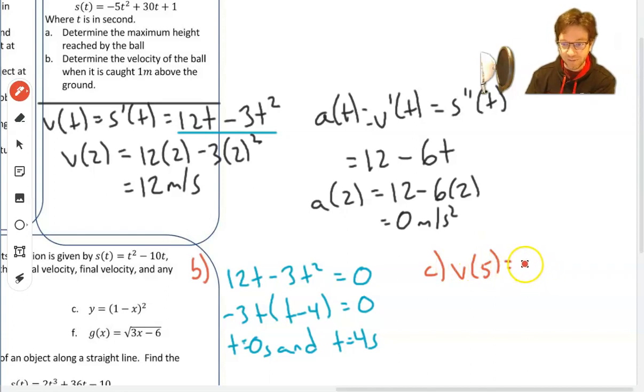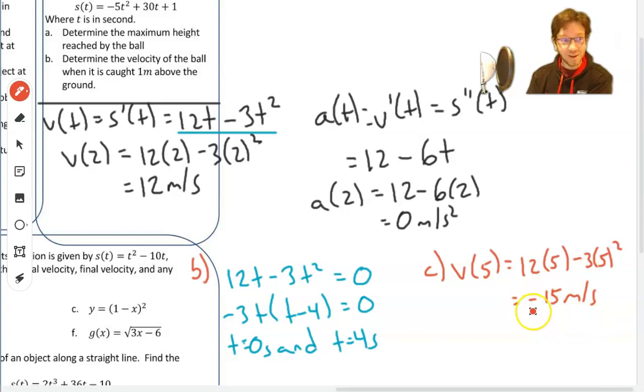So we're going to substitute 5 into our velocity function. So 12 times 5 minus 3 times 5 squared. And that gives us minus 15 meters per second. So if you remember vectors, the negative tells you a direction. And so in this case, all we're going to say is negative direction. That's its direction, negative direction.